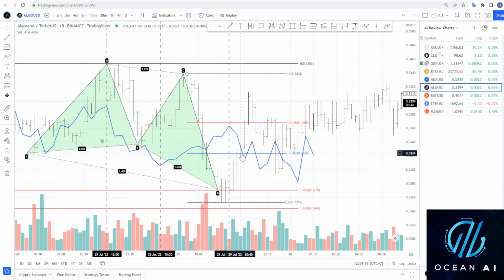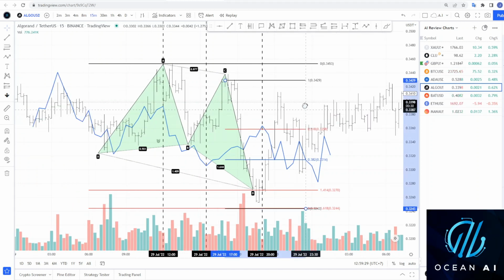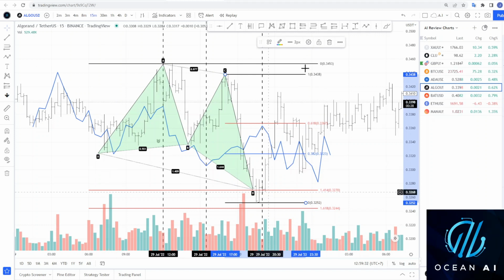So once it hits that 382, move it to a break even and then see what it does. And then second is normally the 618 of this move down. So that would be target 2. And then target 3, if you want, would be the move higher up into equal here or even further extension levels. So that's how I like to play it. But yeah, there's another example there of an invert.